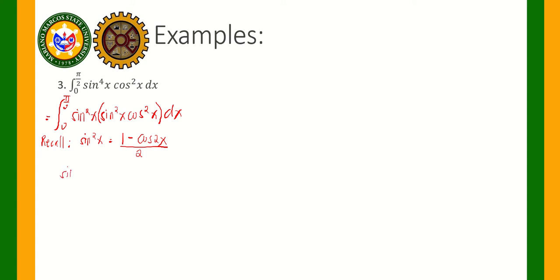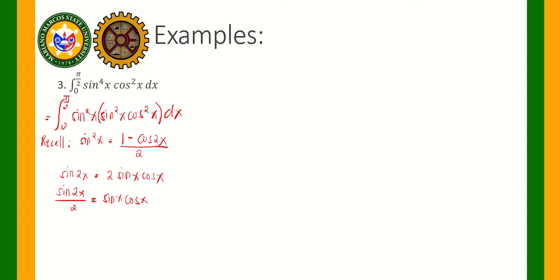Okay, recall ulit natin si sine 2x is equal to 2 sine x cosine x. Okay, so since sine cosine lang ito, cross multiply natin si 2. So this will be equal to sine 2x all over 2 equal to sine x cosine x. Okay.